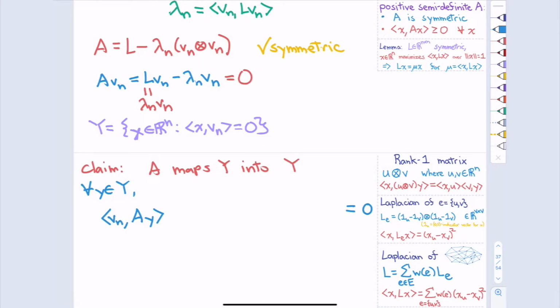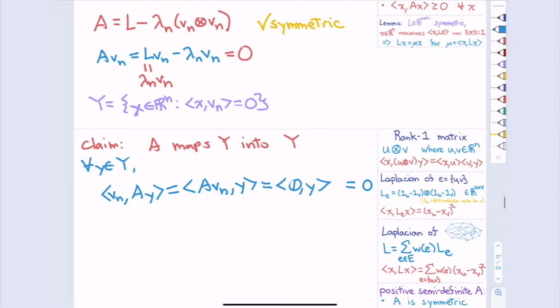Anyone want to take a stab at this? Okay, good. This is the only thing we ever do, it seems. We take the transpose to the other side. In this case, it's symmetric. And then we just showed that this is the 0 vector, and that's equal to 0. So A maps Y into Y.